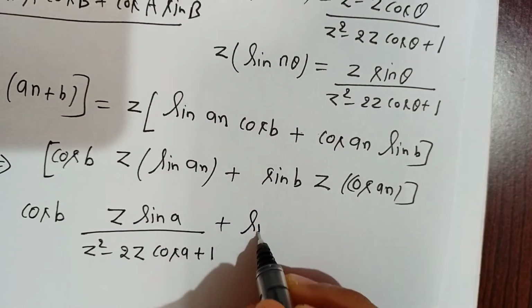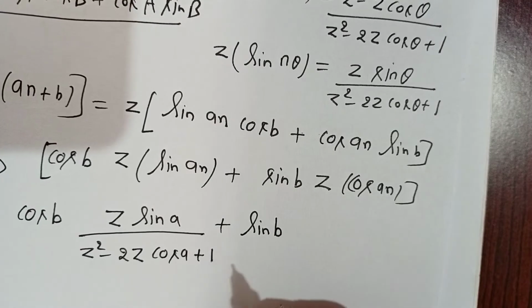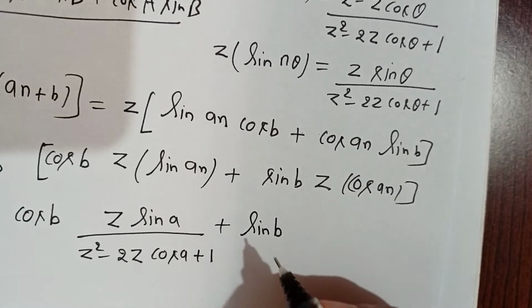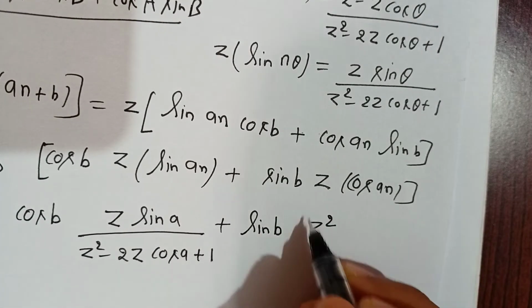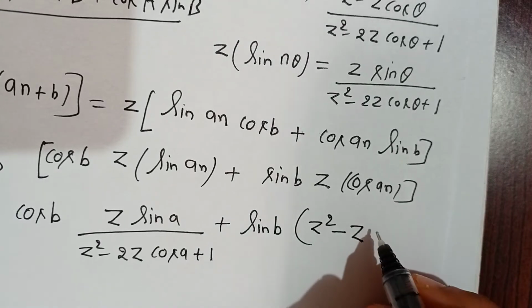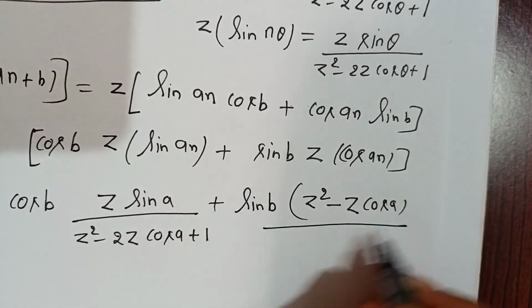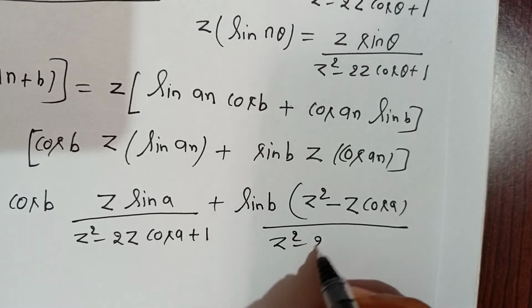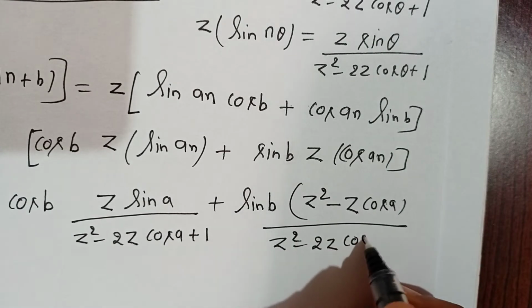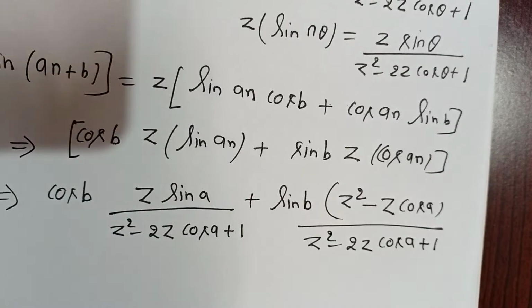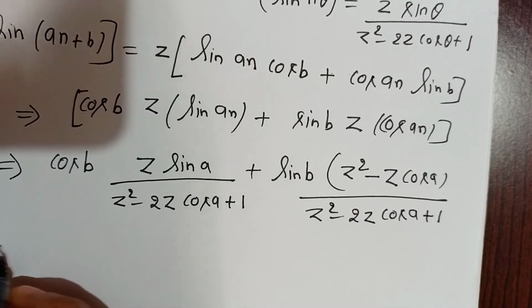plus sin b and Z transform of cos an is (z² − z cos a) divided by (z² − 2z cos a + 1). Fine. So now we can simplify.